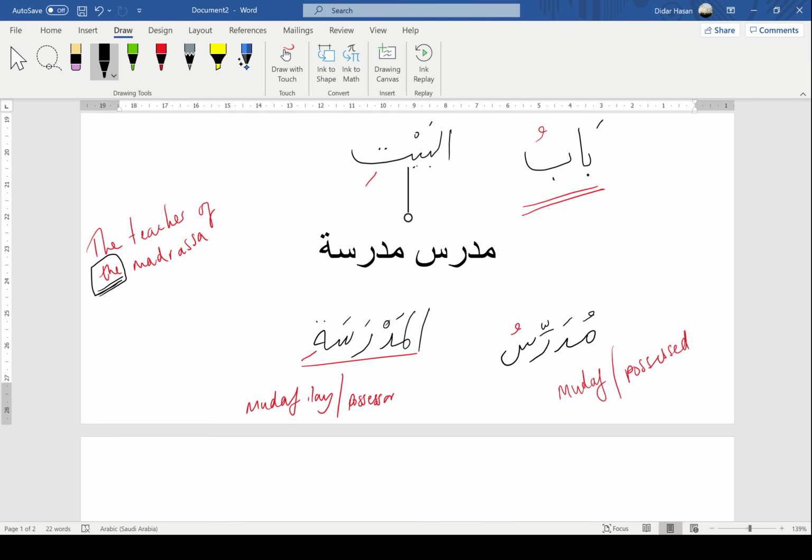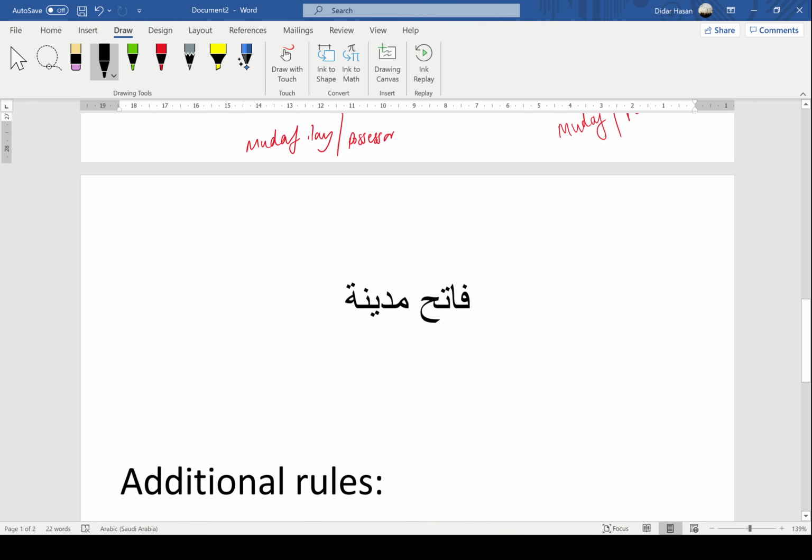So again, very simple. Now the last one is fatihun, and then we've got madinatun. We're going to make the structure to say conqueror of Medina. So Fatih is conqueror, and Medina is obviously city.